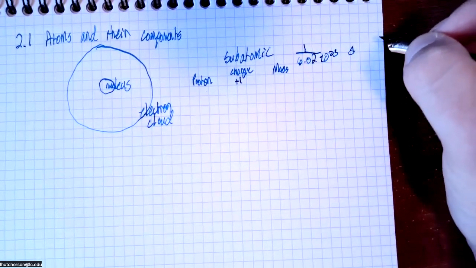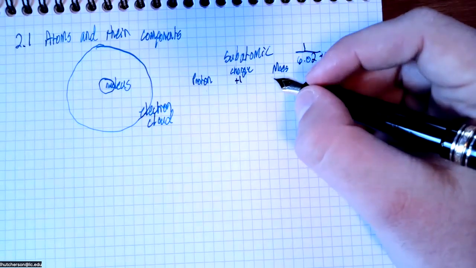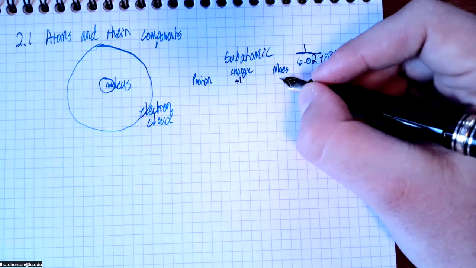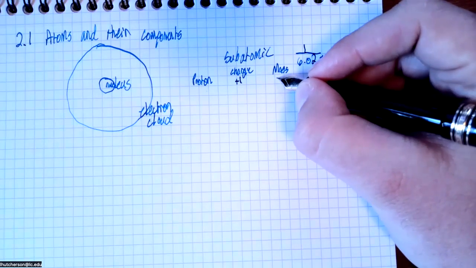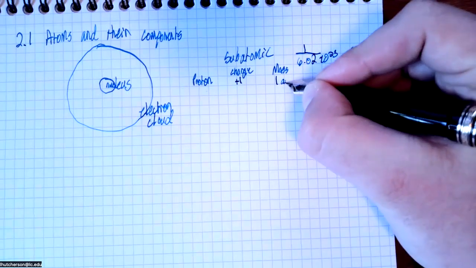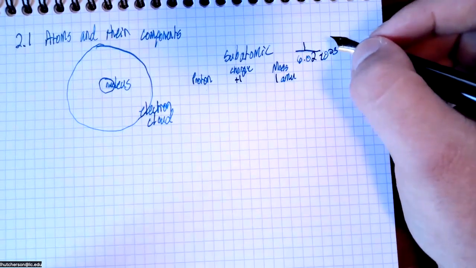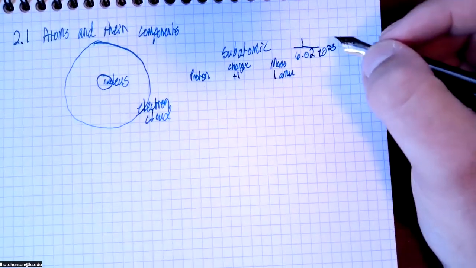So in other words, a very, very tiny mass. And for convenience sake, and also because it's more useful to us most of the time, we assign the mass of a proton an arbitrary value of 1 AMU. It's not actually exactly 1 AMU, but that's close enough for anything we would need to worry about in this class.